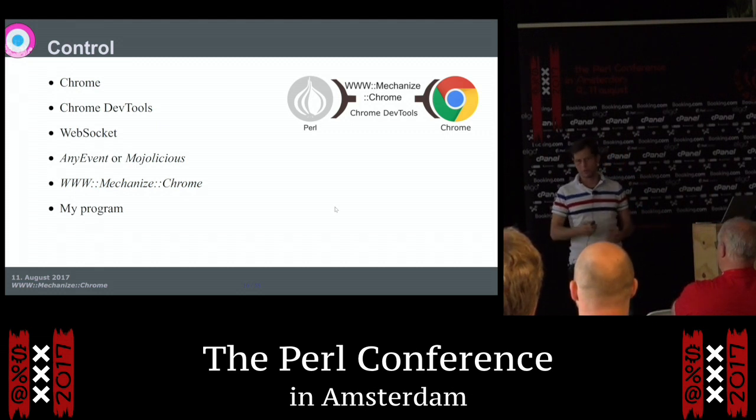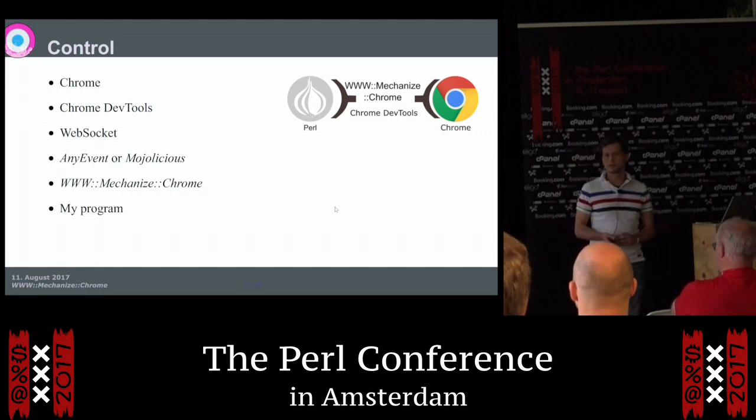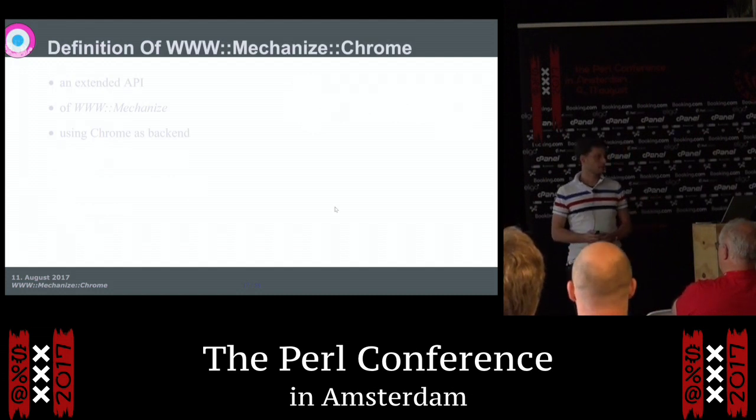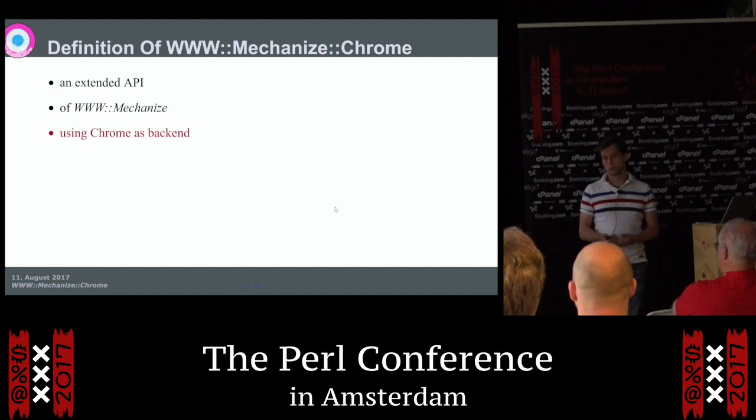And on top of WWW::Mechanize then sits my or your program for automating whatever you want to do. So that's what Mechanize Chrome is, an extended API of WWW::Mechanize using Chrome as backend instead of LWP user agent or raw HTTP requests.